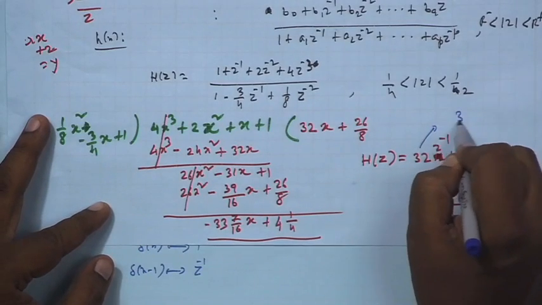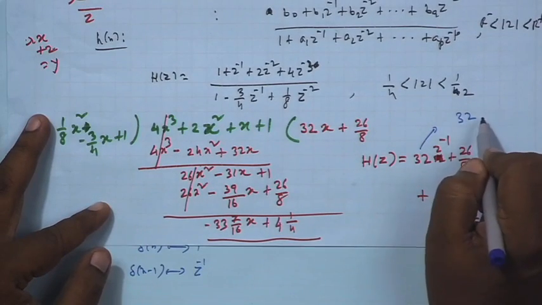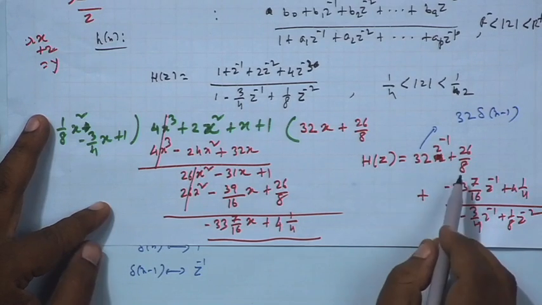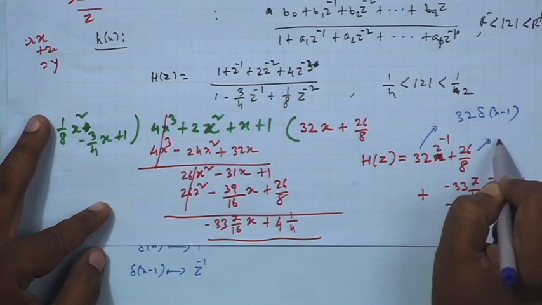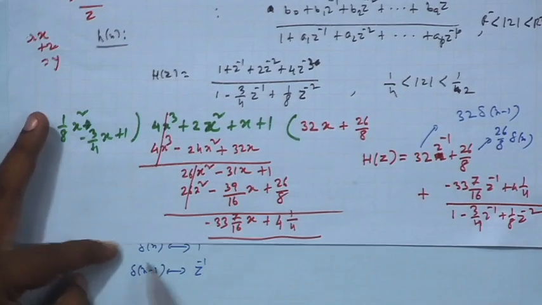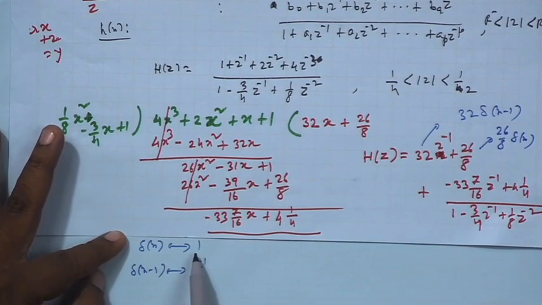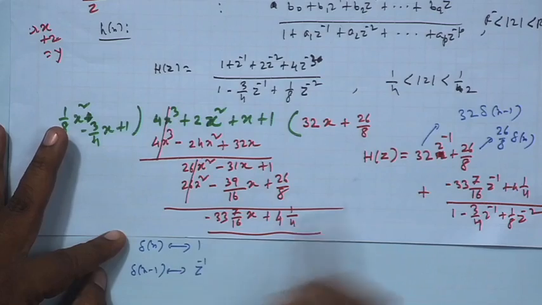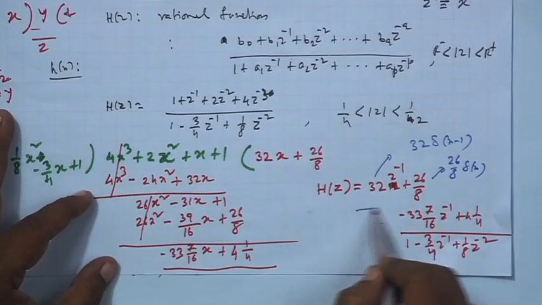If you take the inverse transform of that, it will give rise to 26 by 8 into delta n, because delta n has Z transform 1. So, 26 by 8 will be the Z transform of 26 by 8 delta n. So, this part is easily doable.